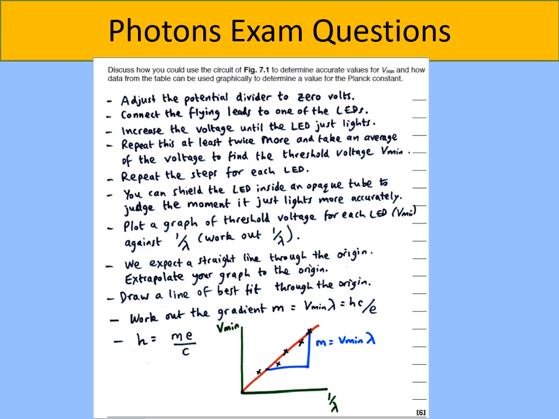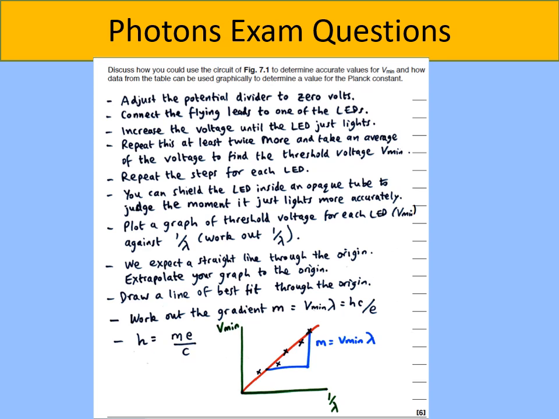So we can plot a graph of threshold voltage for each LED, with its V min on the y-axis against 1 over the wavelength on the x-axis, which we have to work out. Then we expect a straight line through the origin, so we can extrapolate our graph to the origin, drawing a line of best fit.